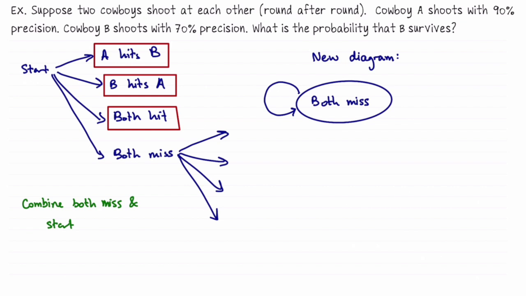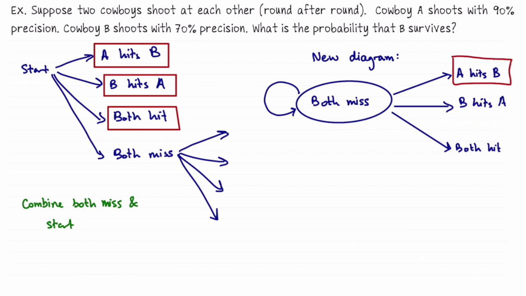They could both miss, or at least one could aim correctly. So we could have A hits B, B hits A, or both hit. And then just like before, these three states on the right all mean that the duel is over.